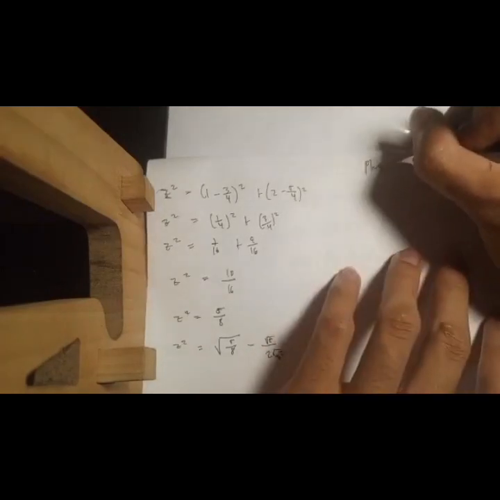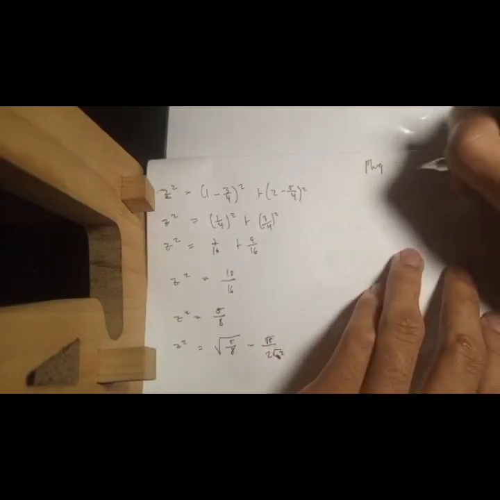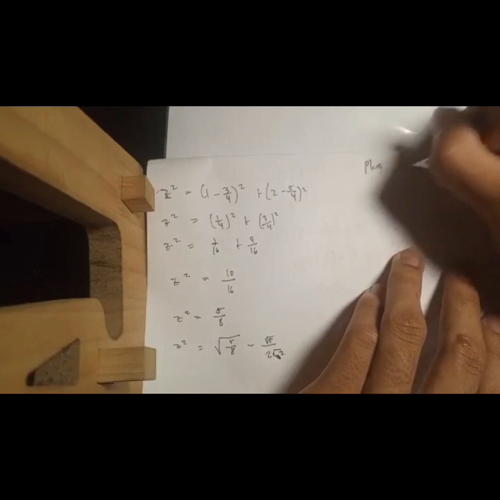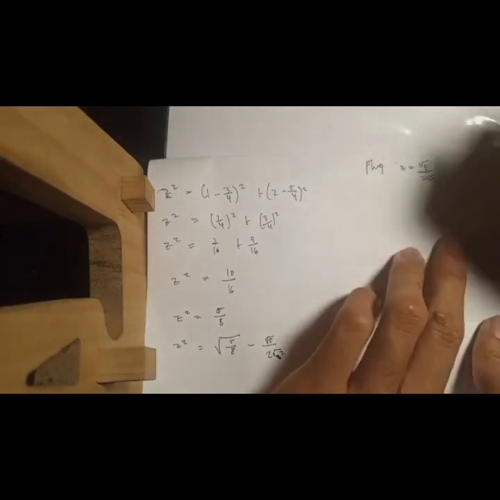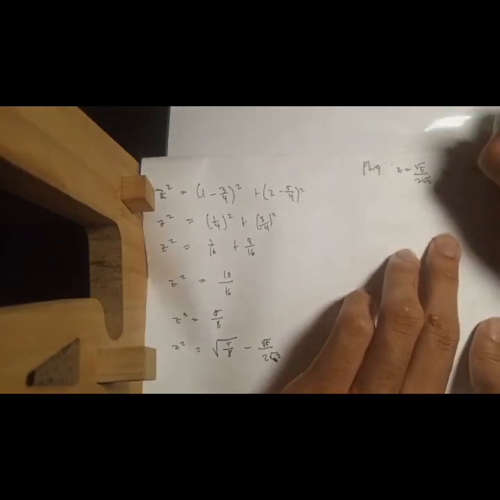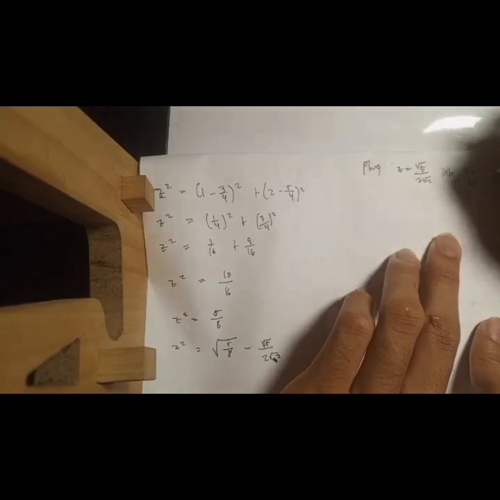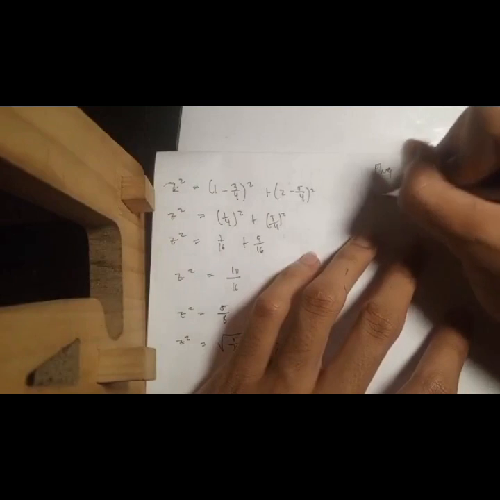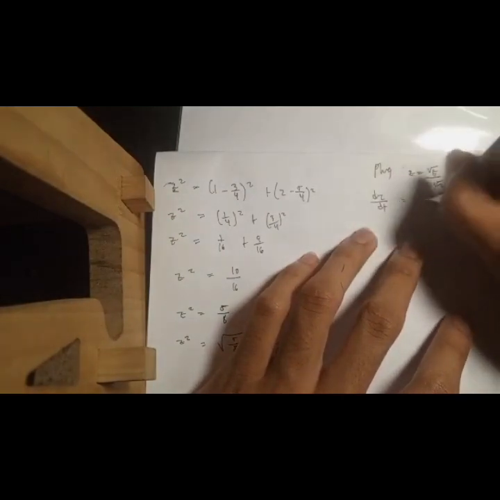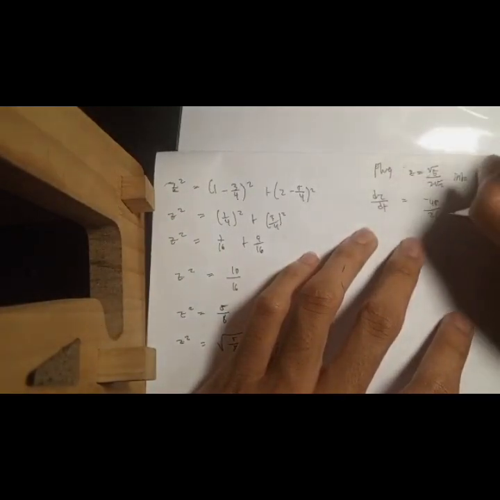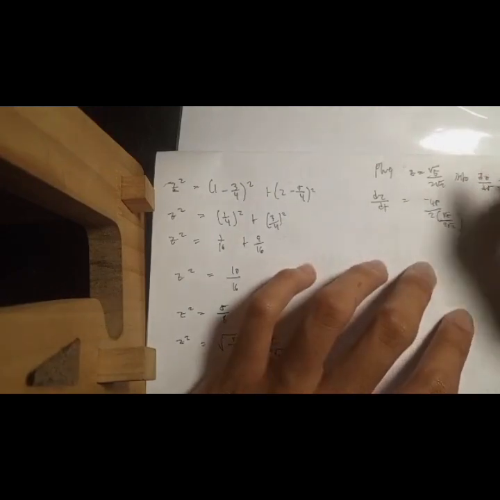Plug z equal to root 5 over 2 root 2 into dz over dt. We have dz over dt equals negative 45 over 2 times root 5 over 2 root 2.